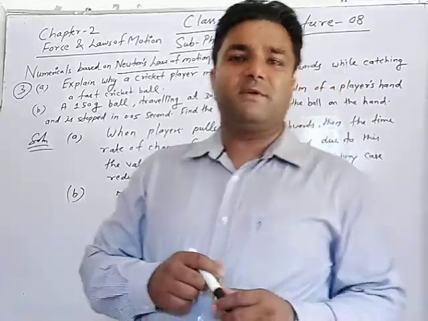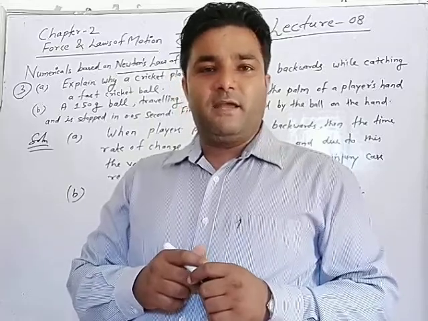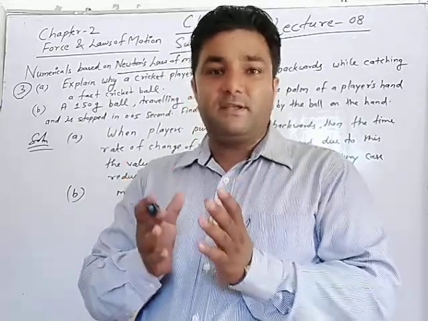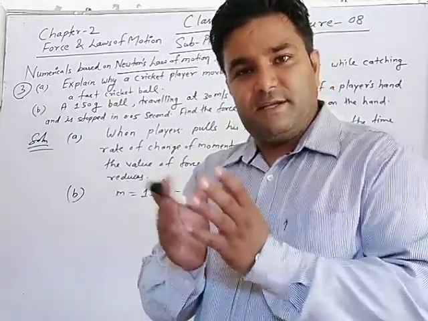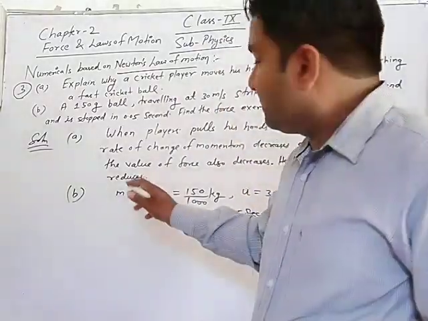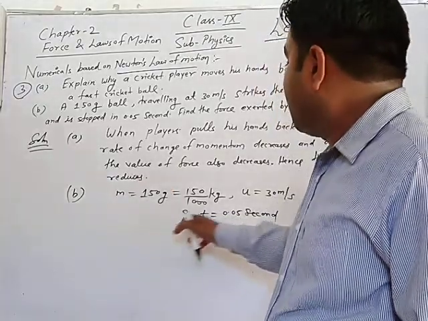And whenever the time rate of change of momentum decreases, then the force value also decreases, and whenever the force value decreases, then the effect of injury also decreases, and due to this the player saves his hands during catching.